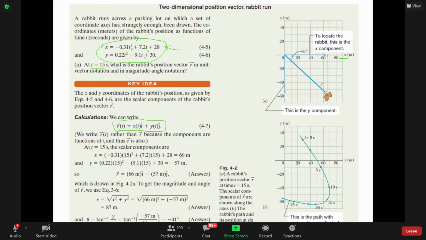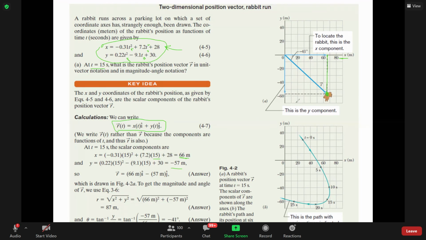So you get x at 15 is 66. So the location along x was, see the projections, 66 meters at 15 seconds. This is the instantaneous position. Along y, substitute 15 here, and when you substitute 15, you get minus 57.